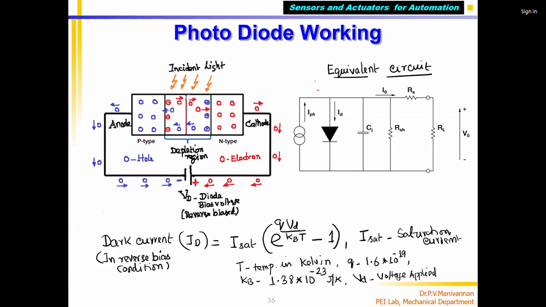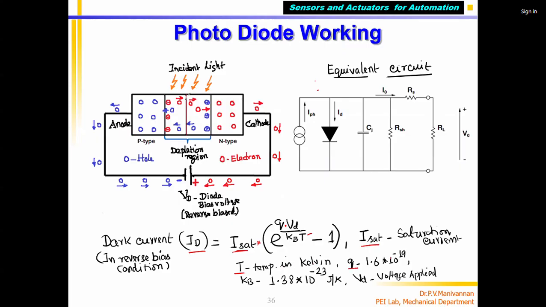The formula says dark current equals Isat multiplied by (e power Q times VD divided by KB T, minus 1). Here Isat is the saturation current of the diode, given by the photodiode manufacturer. In this equation, T is the temperature of the diode's surroundings, measured in Kelvin.